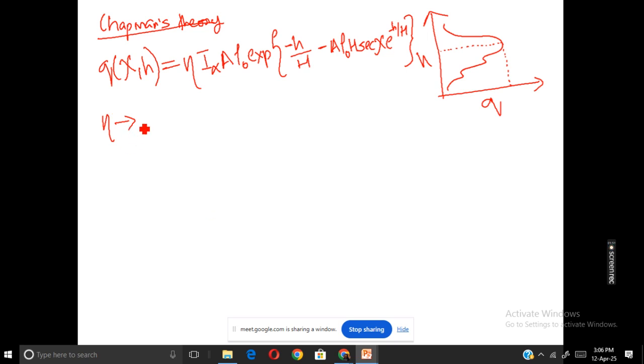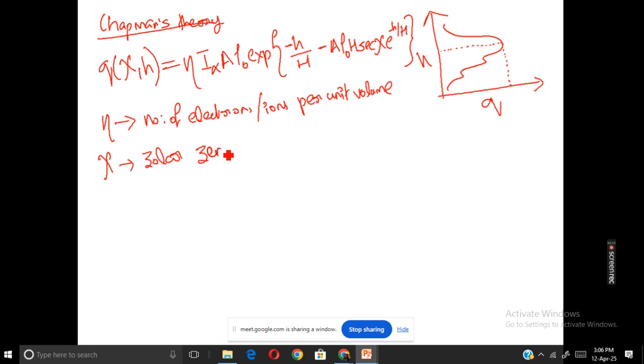The number of electrons or ions per unit volume is eta, and chi is the zenith angle. h is the height, capital H is the scale height of the atmosphere, and A is the area of cross section of the vertical column.